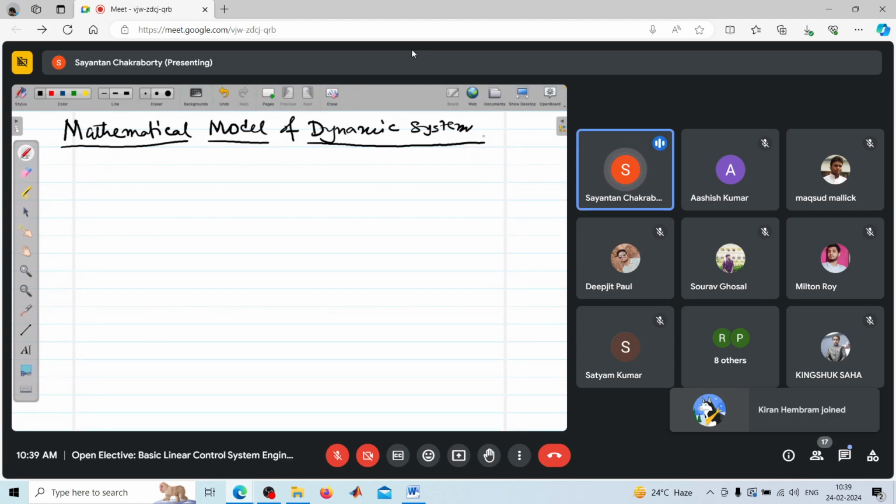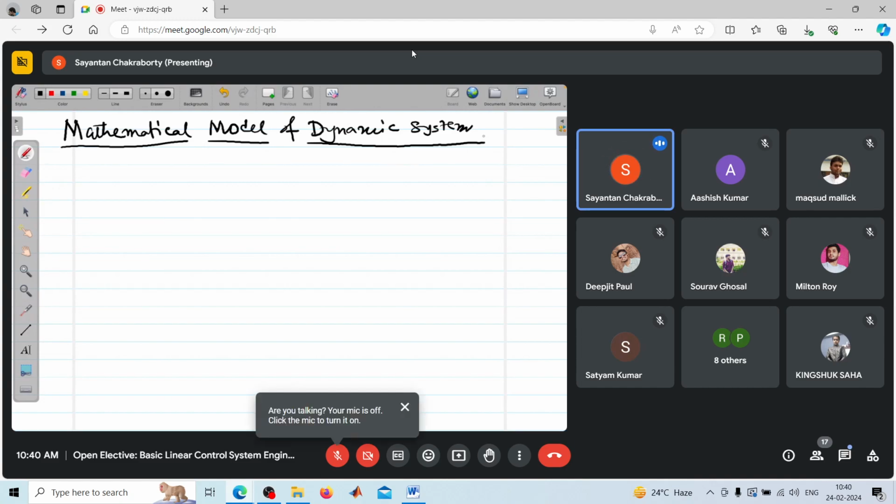So what is normally done, we first develop a mathematical model of a system based on what is called a model of the system, that is a physical model or idealized model of the system. In that sense, our first objective will be to obtain the simplified model or the simplified representation of the system and represent that in terms of mathematical equations.